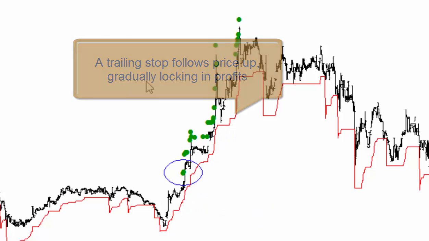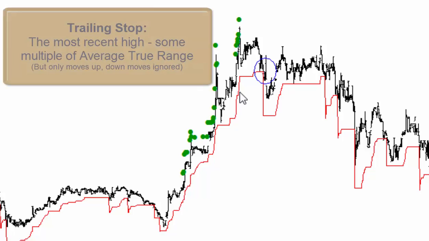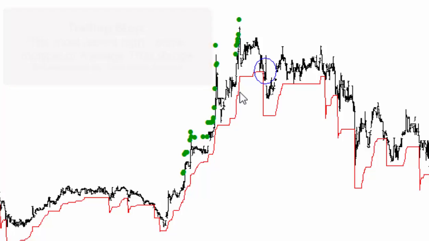And if the share price moves down and hits the trailing stop, like it does just here, then that's where you're going to sell. Now this trailing stop is calculated. It's a pretty simple formula, but it's basically the most recent high price minus a certain multiple of volatility of the stock price. So I can explain all that in detail if you're interested. Just shoot me a note and I'll explain in detail how that works.